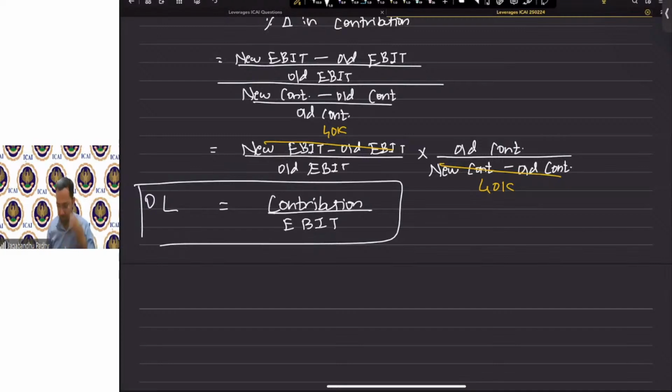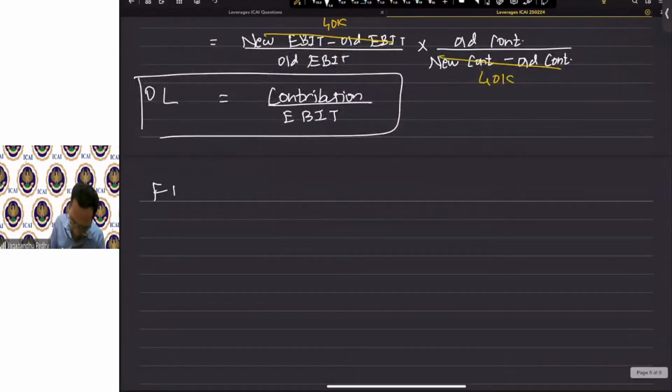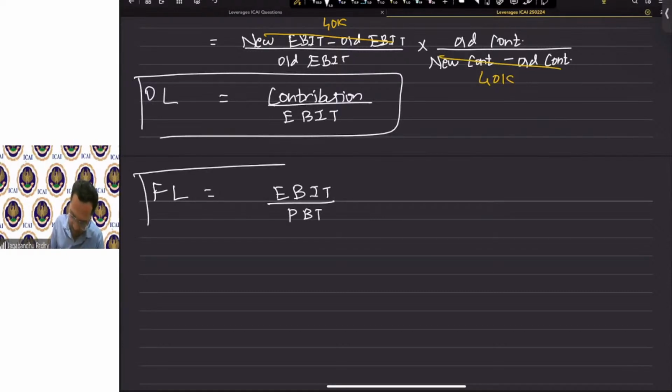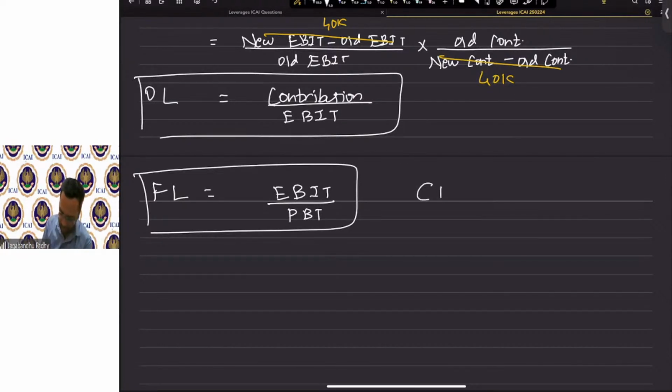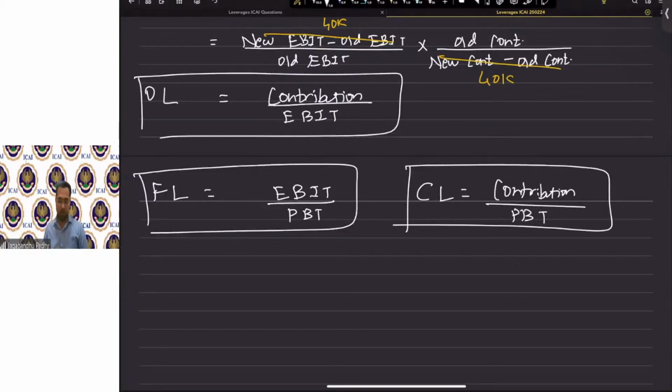Similarly, financial leverage is EBIT upon profit before tax. And combined leverage is going to be contribution upon profit before tax. So these three are the shortcut formula for operating, financial, and combined leverage.